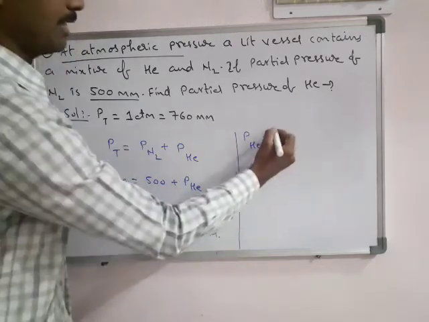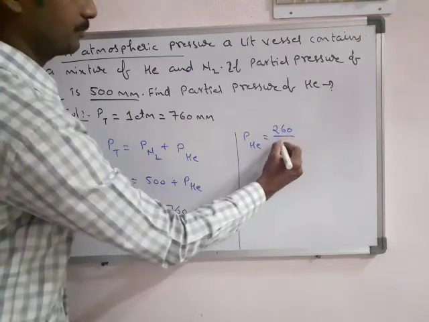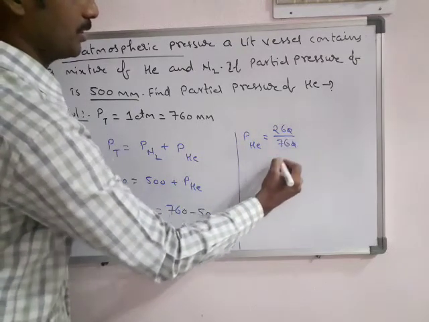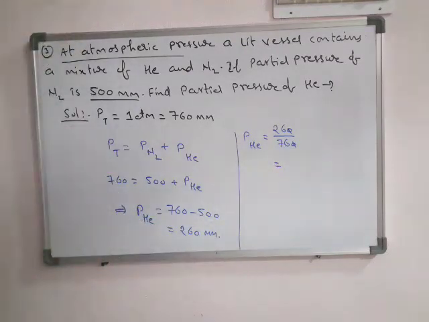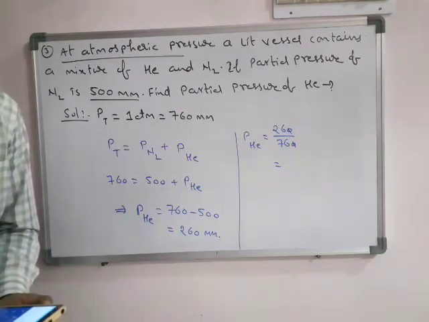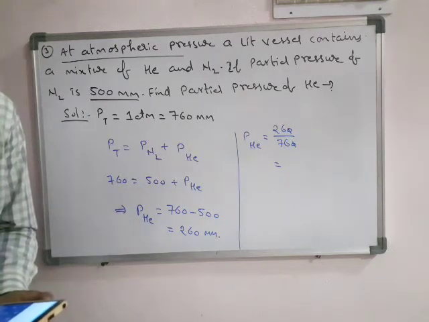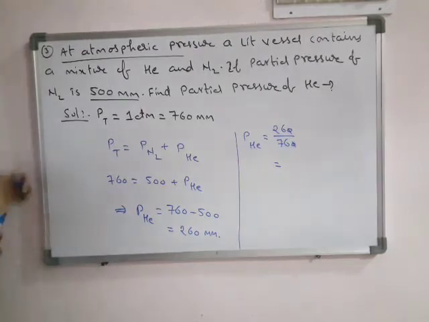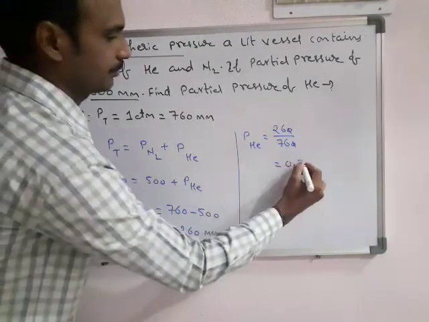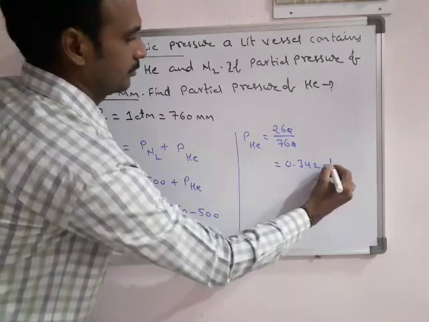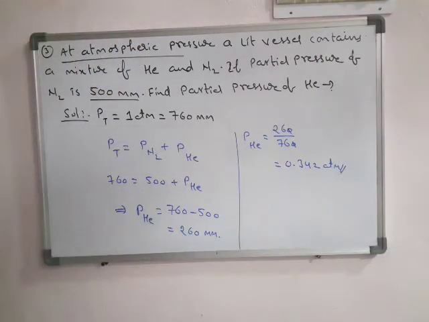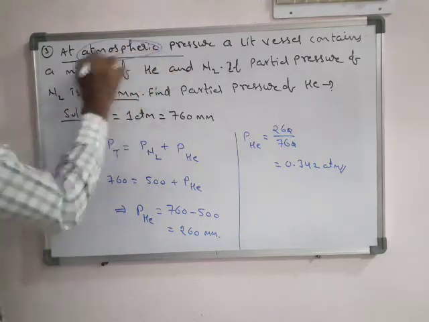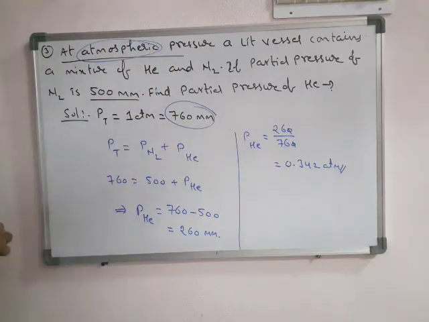So how to convert millimeters into atmosphere? 260 divided by 760, we get 0.342 atmosphere. Here the main thing is that atmospheric pressure is 760 mm, and we need to take that value.